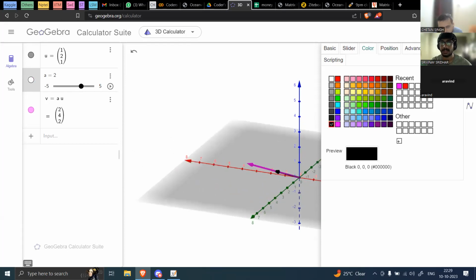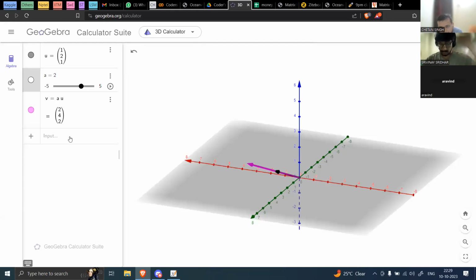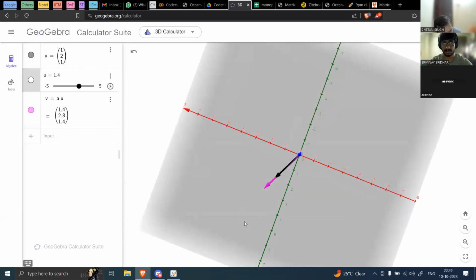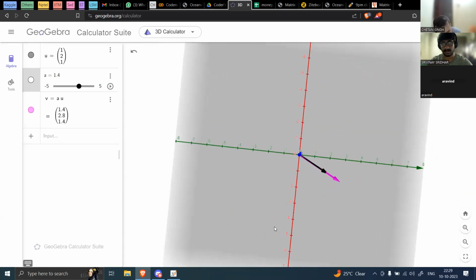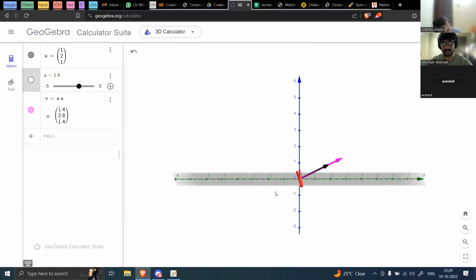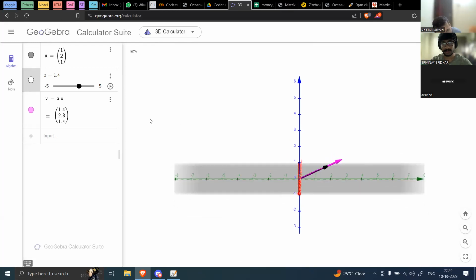Very visible, right? Okay, I'm using A as alpha, and now I'm varying alpha. Yeah, I'm varying alpha.